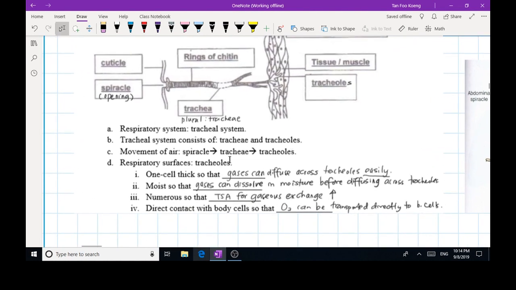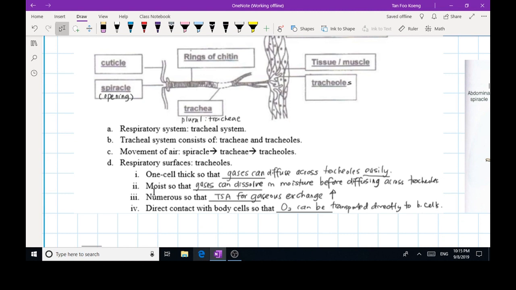So what are the adaptations in the insects' tracheal system? Number one, the membrane of the tracheoles is actually one cell thick, so that the gases can diffuse across the tracheoles easily. So CO2 can diffuse easily into tracheoles, and the oxygen can diffuse easily from tracheoles into body cells.